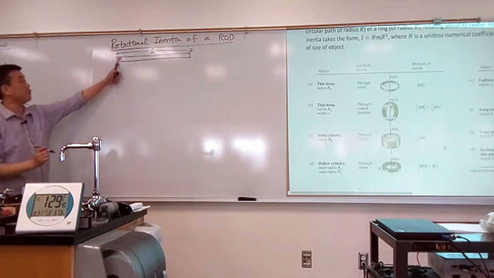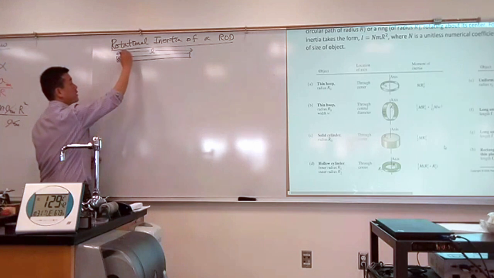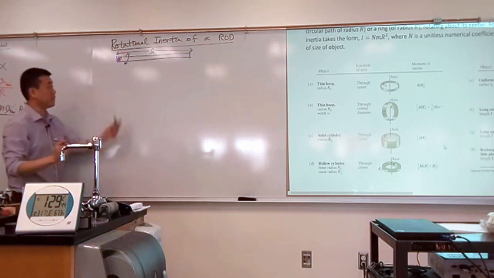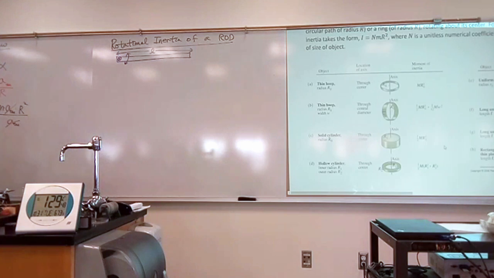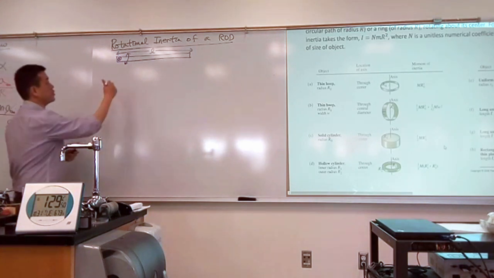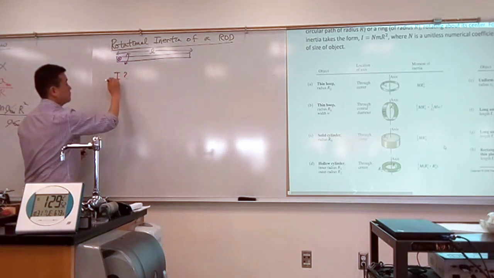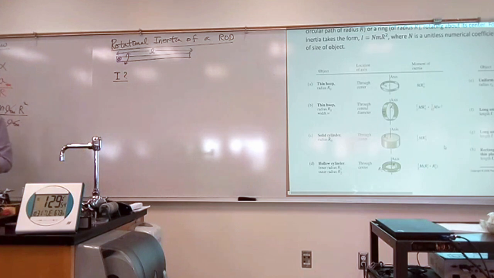So this is my center of rotation, and I'm rotating it back and forth either way. Good? So suppose somebody asked you, what is the rotational inertia? How would you answer that? Or how would you try to answer it?